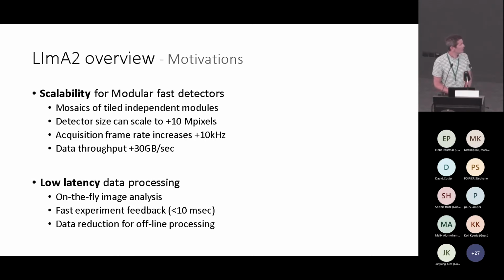One is the on-the-fly image analysis, for instance, for fast experiment feedback. Sometimes we want to adjust the experiments, the scans as it goes, depending on the chemical reaction we are measuring. And that requires feedback of less than 10 milliseconds, say.